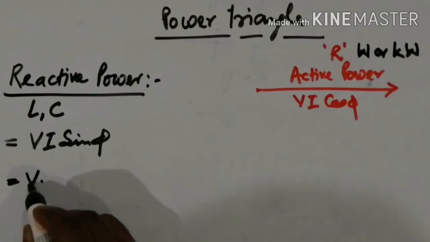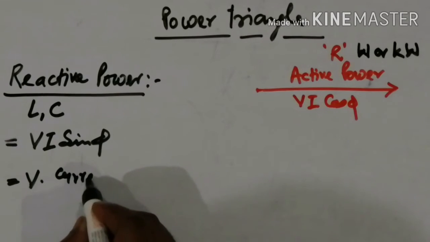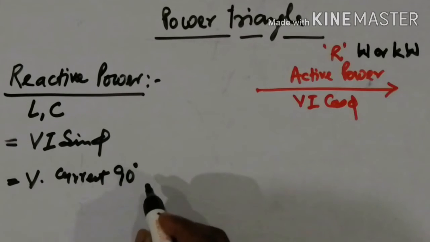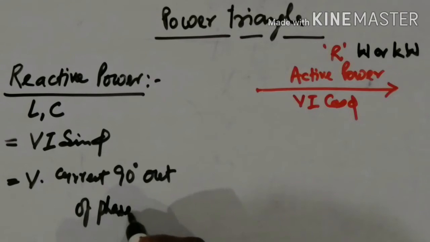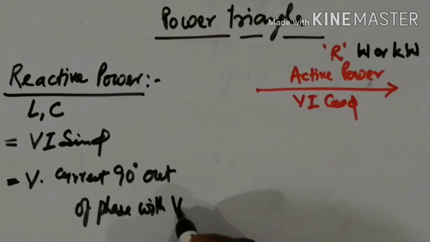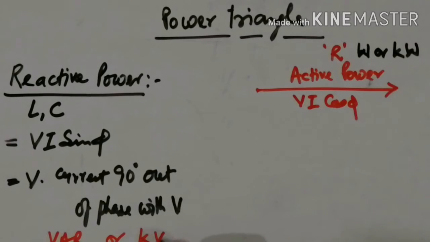Voltage into current 90° out of phase with voltage, and its unit is volt ampere reactive, that is VAR, or kVAR. This is the unit in which reactive power is measured.